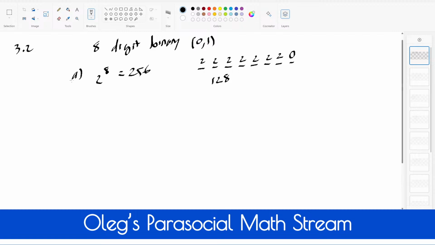Let's see. So this is A. This is B. All right. How many strings have ones for their second and fourth digits? Okay. Let's try this. So for C, we have ones for their second and fourth digits.